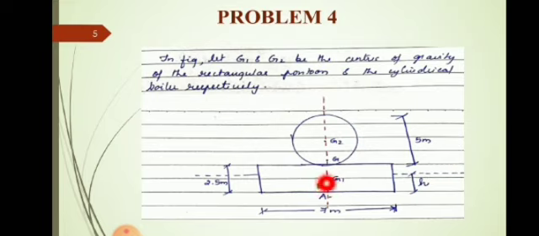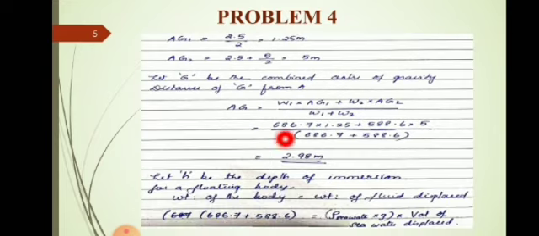AG2 is the distance of the center of gravity of the circular portion from the base. AG2 will be equal to 2.5 plus, since the diameter is 5 meters, 5 by 2. So AG2 is equal to 2.5 plus 5 by 2, total equal to 5 meter.